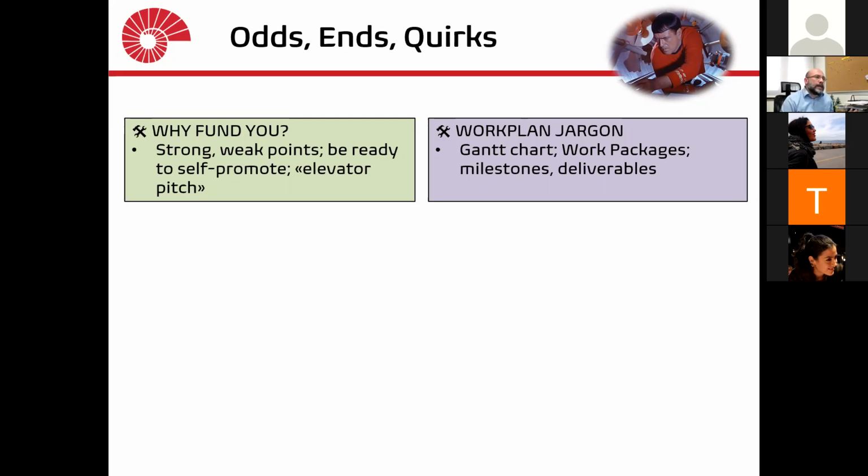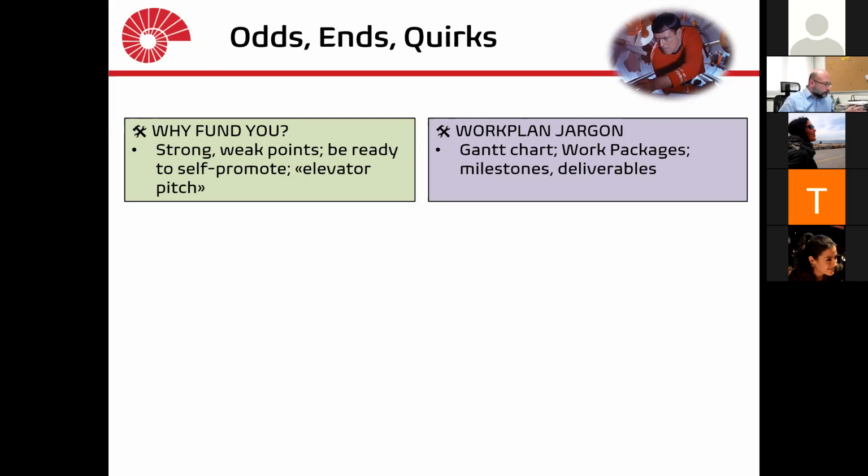There is work plan jargon in most of the grant proposals. There is a Gantt chart where you, for example, list your main activities and matrix them with months. So I'm going to accomplish this and this in the first year. On a spreadsheet, you are expected to write that. Make sure you know what a Gantt chart is and how it is organized. Some proposals use the language of work packages instead of objectives or aims.